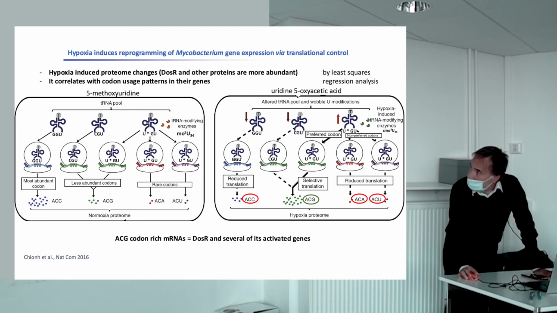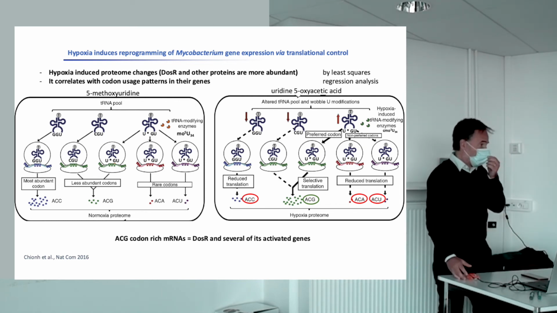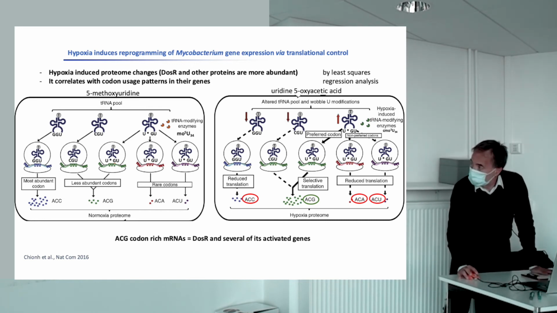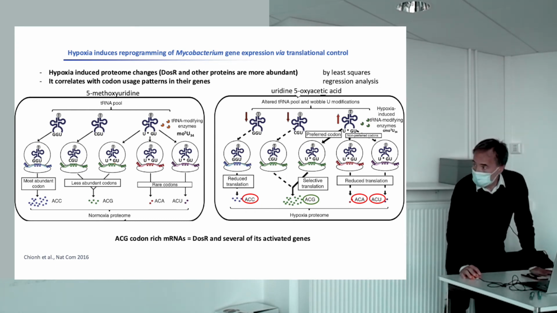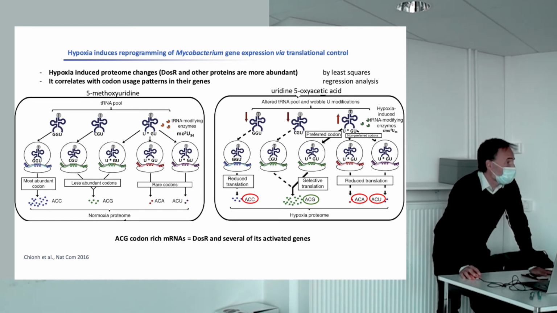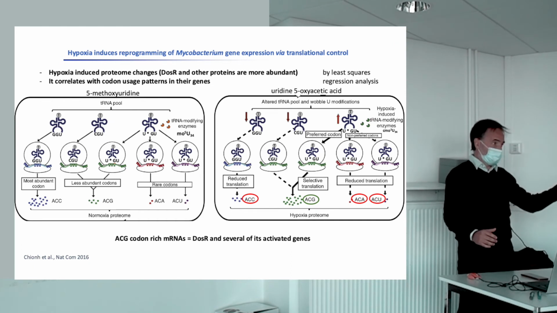And so the result is that you translate basically exclusively those messenger RNA that contain the majority of the threonine codon ACG. Those messenger RNA include the messenger RNA for DosR. I don't know if you remember at the beginning I was telling you about the 2-component system.